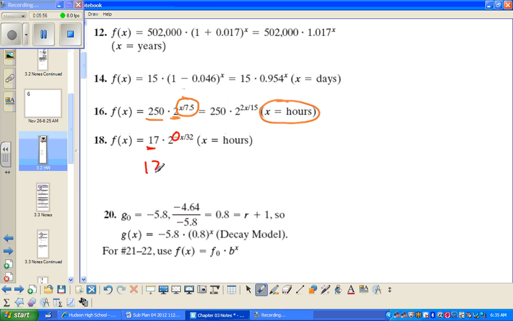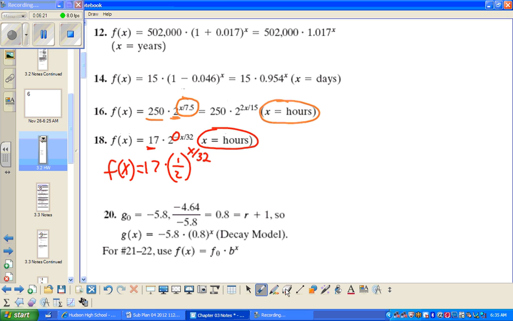You probably would have done 17 times 1/2. And then just like number 16, you might have had trouble writing the exponent correctly. But again, if x is in hours, it would be x divided by 32 because it halves every 32 hours.